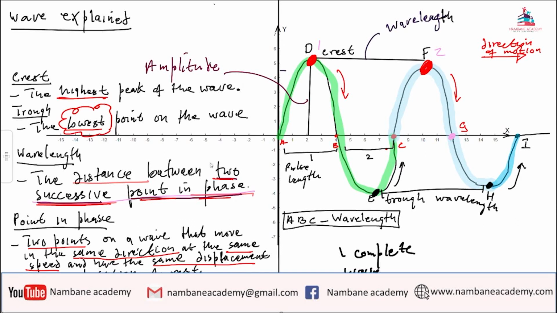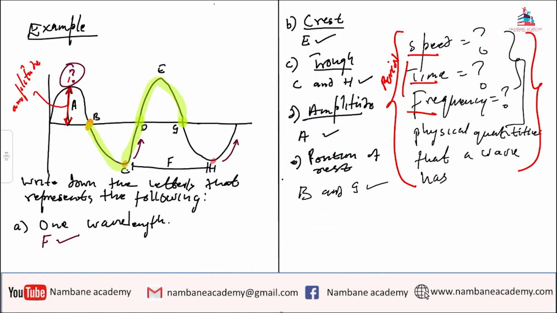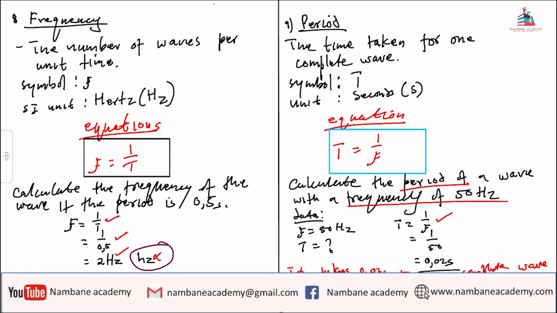Ladies and gentlemen, that is now the wave, and we did an exercise where we identify which point is the crest, trough, amplitude, position of rest, and so forth. So understanding this example allows us now to interpret what is frequency and what is the period. We said frequency is the number of waves per time.